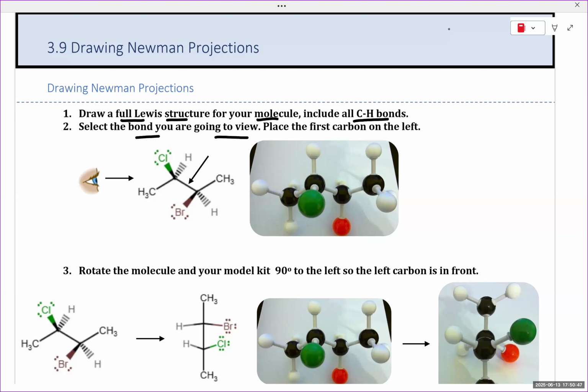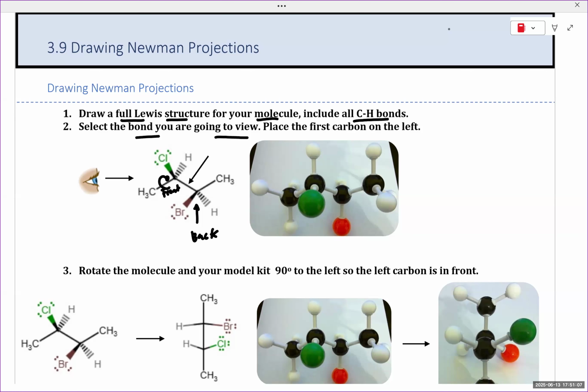So this carbon-carbon bond is the one that I care about. And now I'm going to look down this carbon-carbon bond from left to right. So this is the carbon that's going to be in the front, and this is the carbon that's going to be in the back.